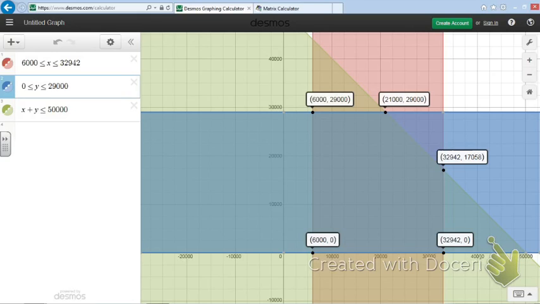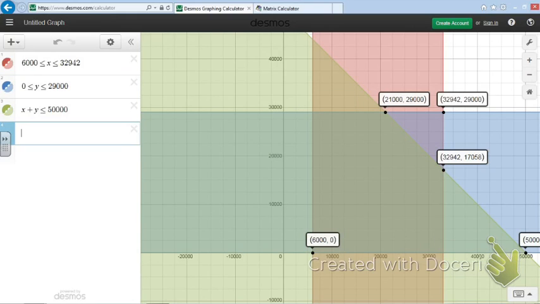And I'm going to put all of those into my objective function. The objective function was Z equals 1.081x plus 1.061y.